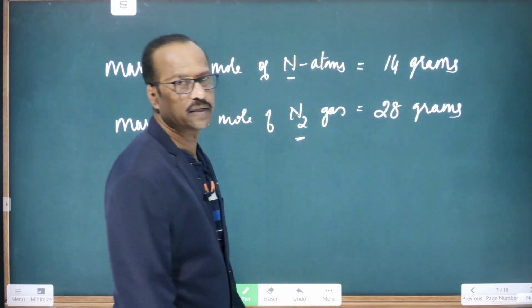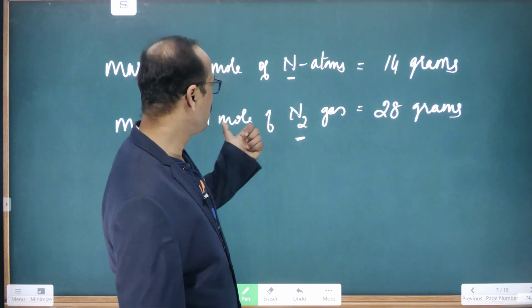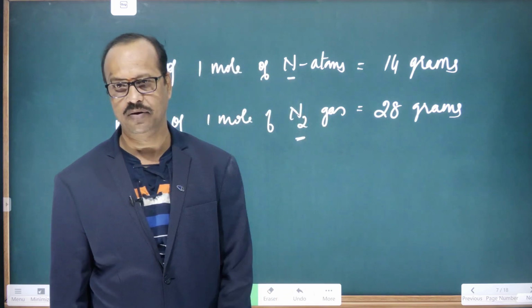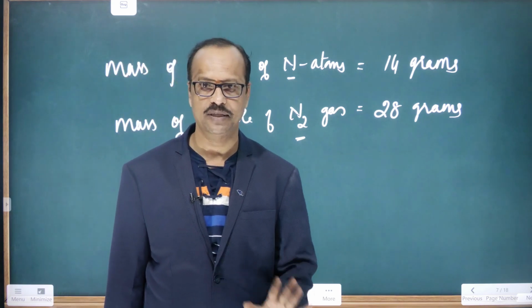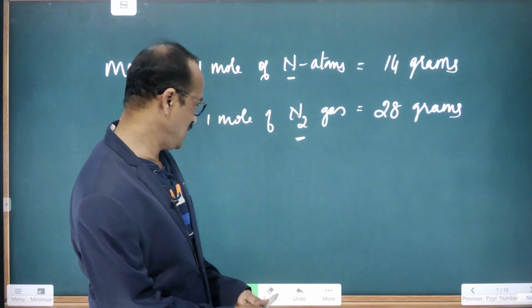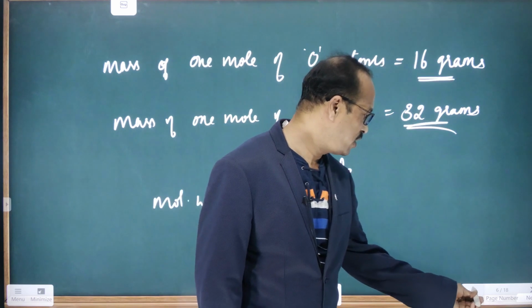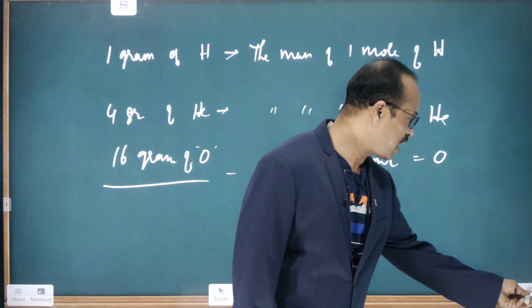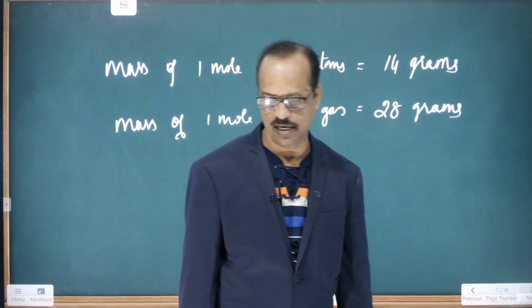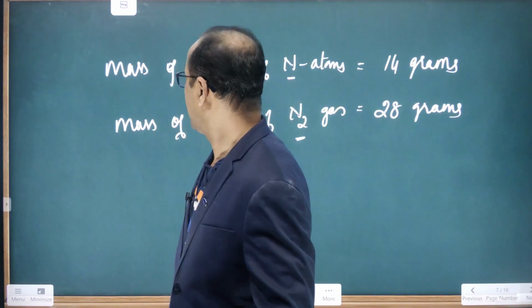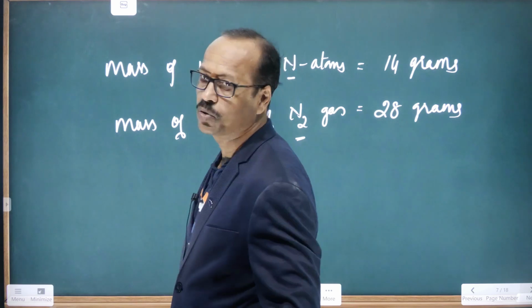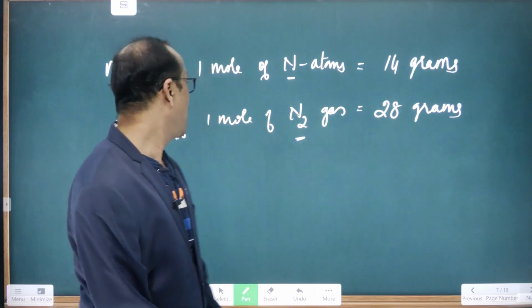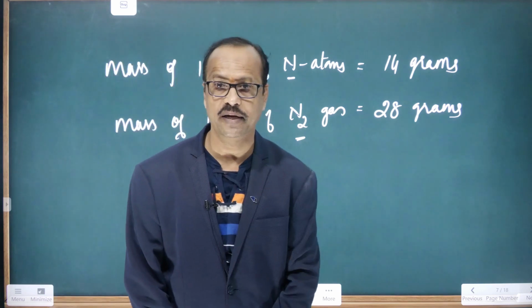So, that is the difference between molecular mass and atomic mass, right? Is this clear? Till now we discussed all these things. Now the question arises: sir, you are telling that the mass of 1 mole of nitrogen atoms is equal to 14 grams, and the mass of 1 mole of nitrogen gas is 28 grams.